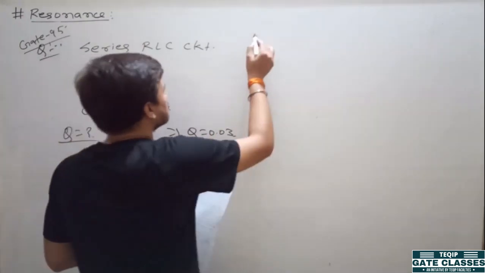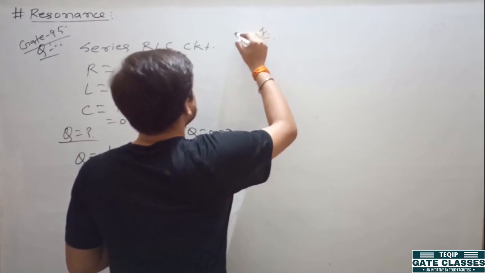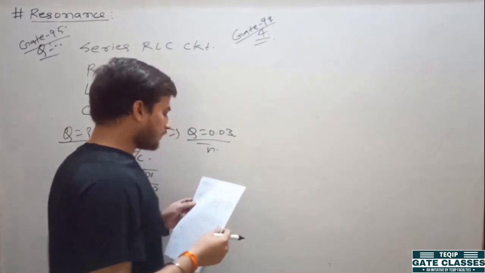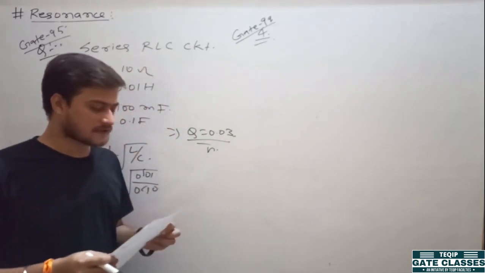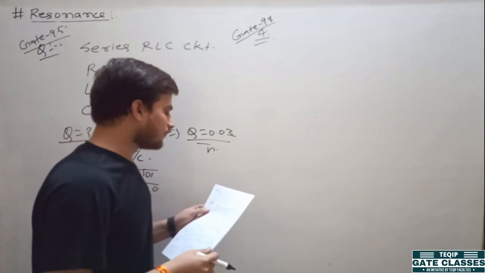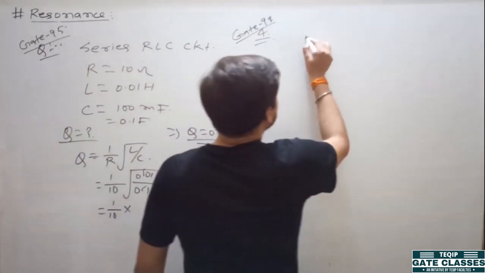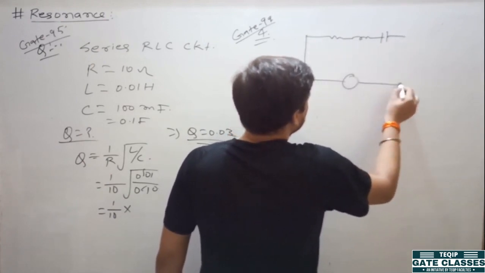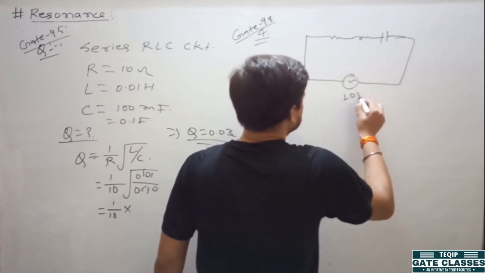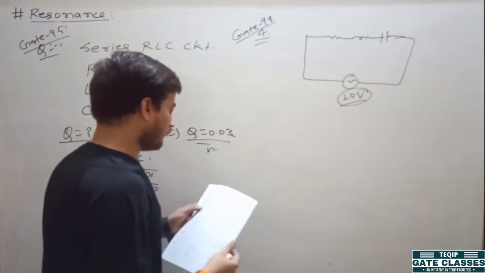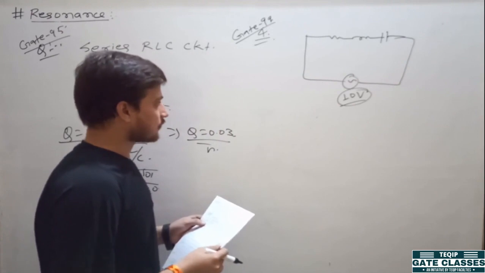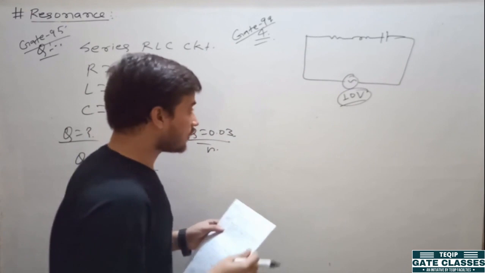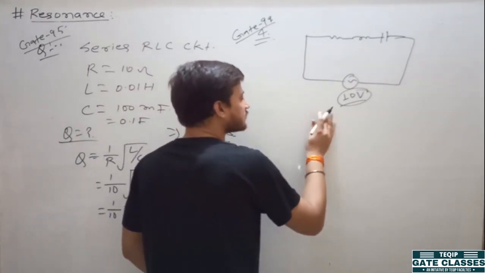Come to the fourth question. It was asked in GATE 1999. It is given that a series RLC circuit is excited by a 10 volt sinusoidal source. They are giving you a series RLC circuit and this is being excited by a 10 volt RMS source of variable frequency, and it exhibits resonance at 100 Hz.